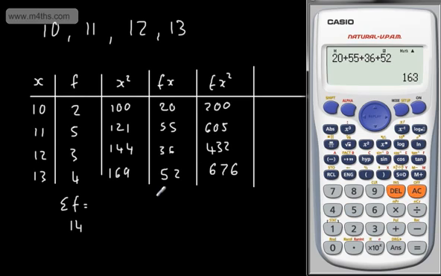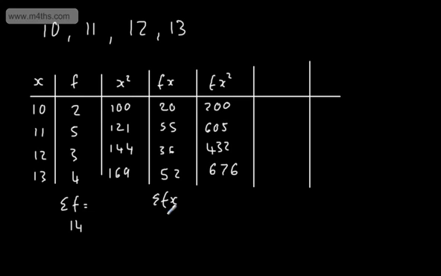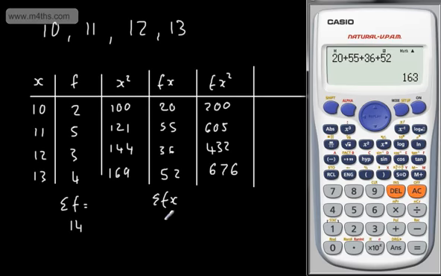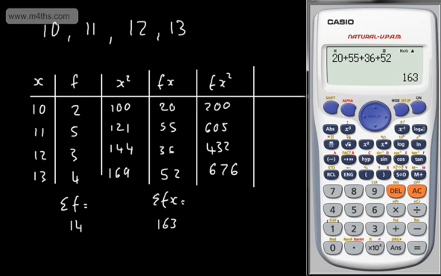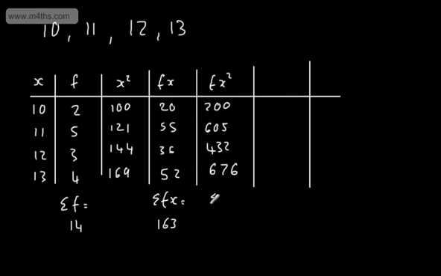So the sum of fx is 163. Then for the sum of fx squared: 200 plus 605 plus 432 plus 676. Hopefully all my calculations are good on this. That gives 1913, so the sum of fx squared is equal to 1913.